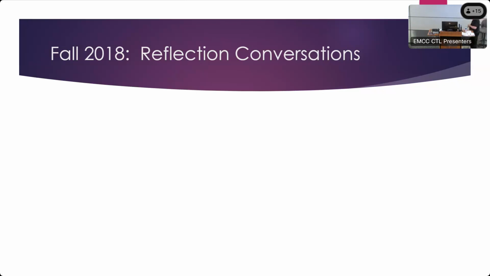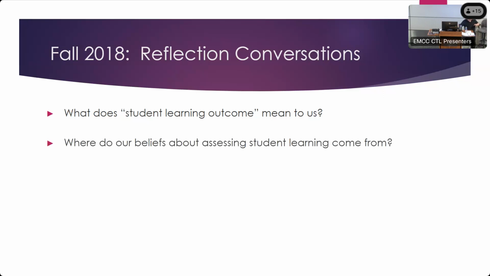So we had some really deep reflection conversations on the whiteboard in my office. The soul of what we were asking revolved around what student learning outcomes mean to us as a college. Where do our beliefs about assessing student learning outcomes come from? For me, as a quality manager, I'm always looking at data.